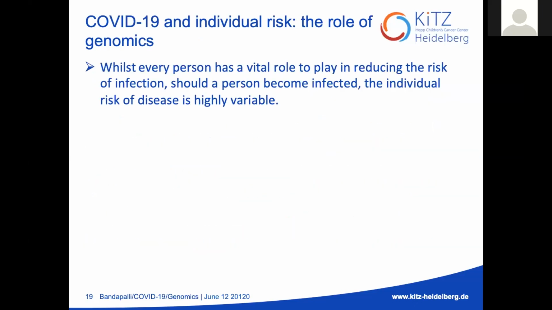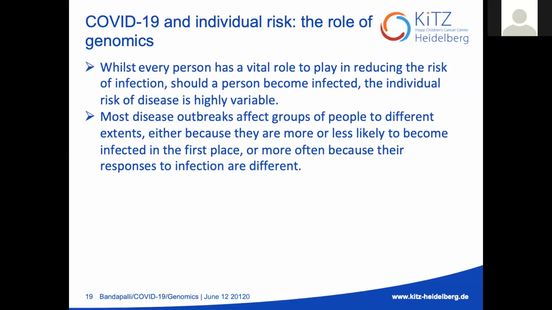So what is the role of individual risk for COVID-19? Every person has a vital role to play in reducing the spread of the infection, as we all learned from the experiences. Should a person become infected, the individual risk of disease is highly variable. It depends on the people to different extents, because some people are more likely and some are less likely to become infected in the first place.